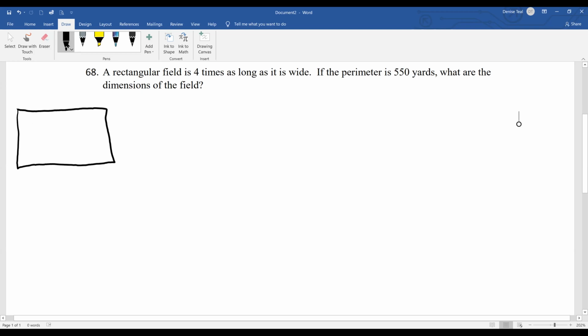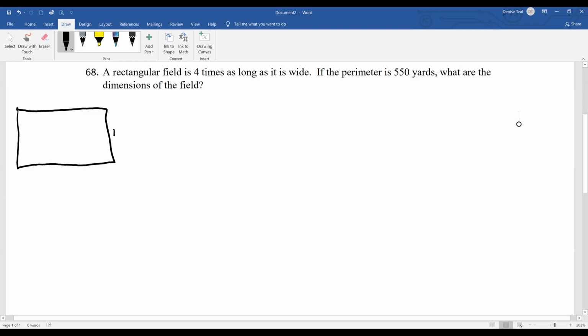I don't have a ruler, but that's a nice little rectangular field. It's 4 times as long as it is wide. This is where your algebraic expressions are going to come in. You as a student have to make sure that you can articulate this algebraically. A rectangular field is 4 times as long as it is wide.